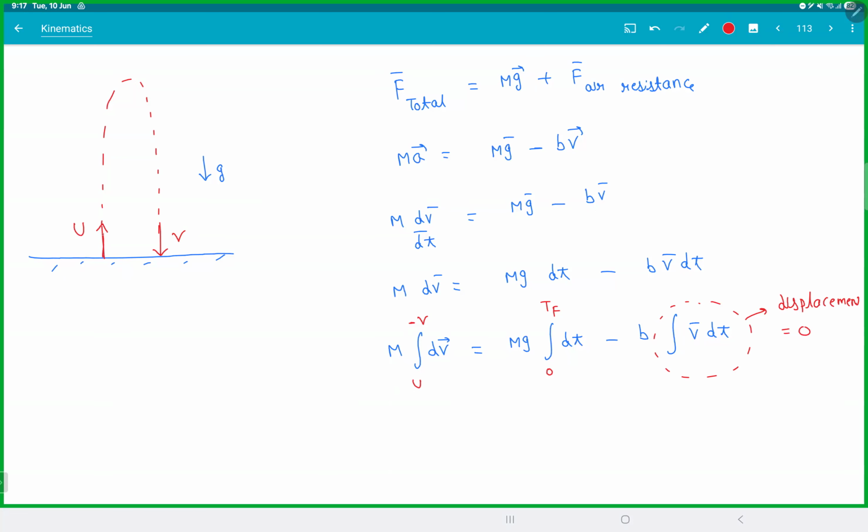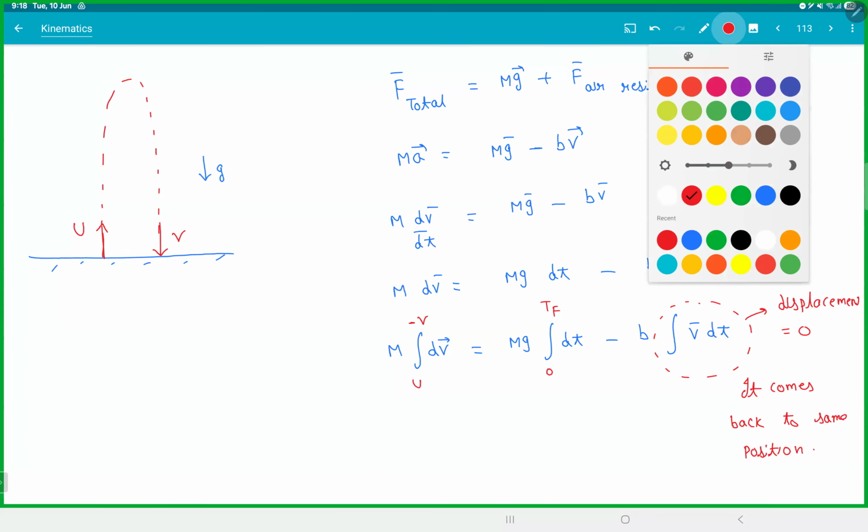If the particle is projected up, it goes up and comes back to the same position. What is the displacement? 0. I don't know what the velocity is. Velocity is changing every instant, but I don't even need to know. Integral v dt is displacement.